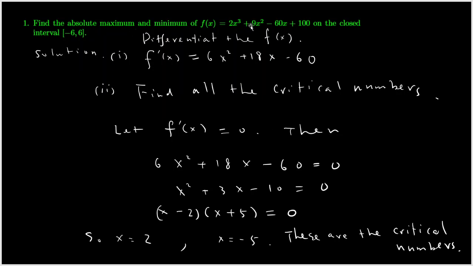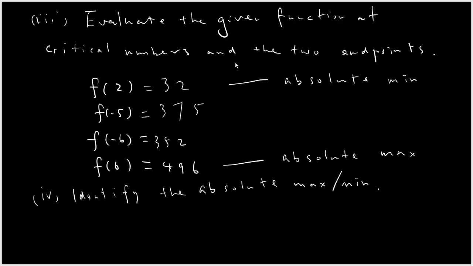But when a function is continuous on a closed interval, all you need is to evaluate the function at all the critical numbers and at the two endpoints. Then the largest function value will give you the absolute maximum, and the least function value will give you the absolute minimum. Simple? Any questions?